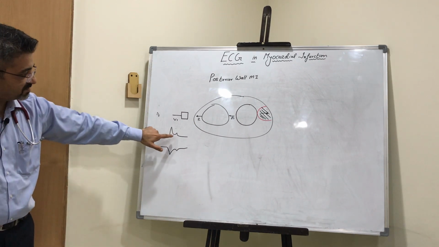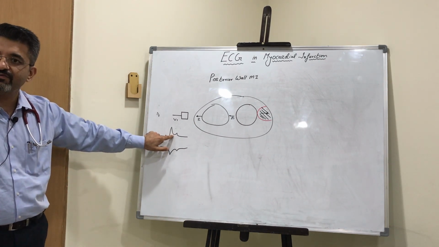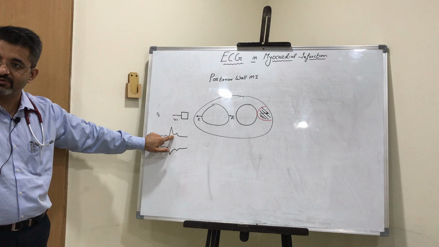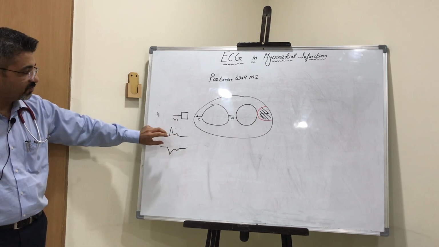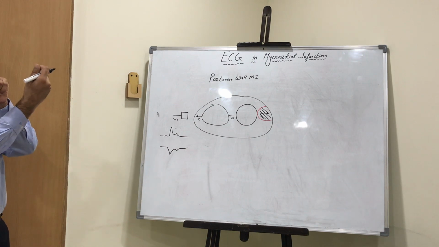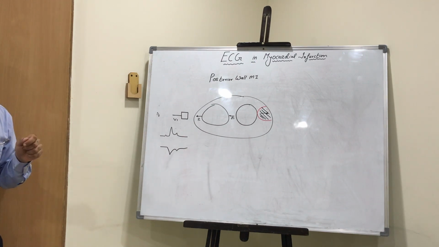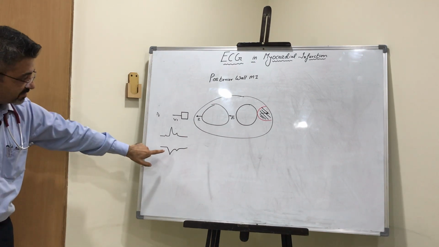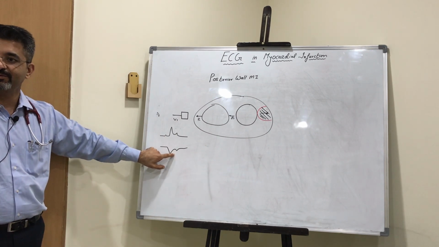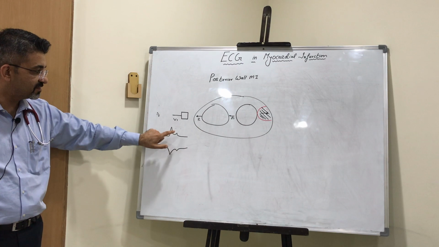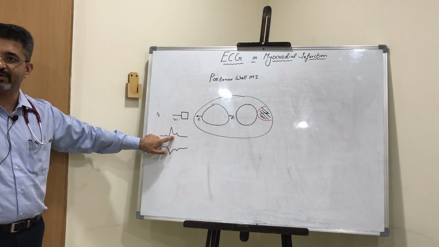So if you have ST segment elevation in V1, isolated ST segment elevation in V1, you should rotate your ECG and look at it as in a mirror. You will find it like this. This is telling you that the patient had a posterior wall MI. Getting the point?